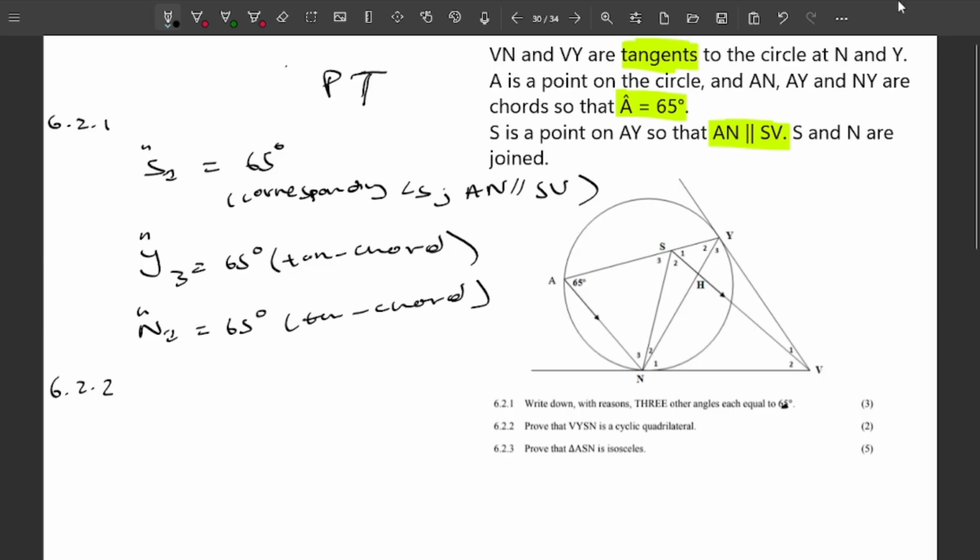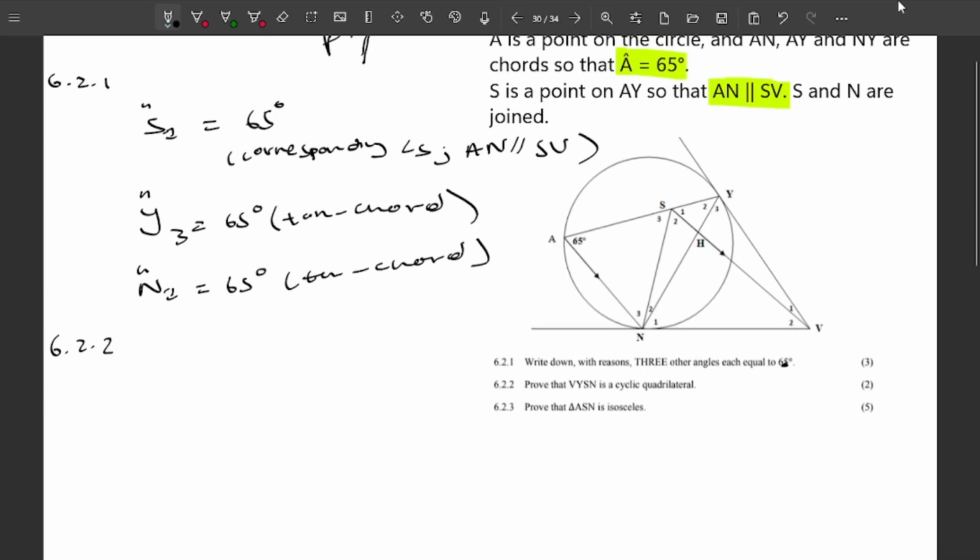Now we're moving to 6.2.2, which states: prove that VYSN is a cyclic one. Okay, so they want us to prove that VYSN is a cyclic one. Okay, cool.